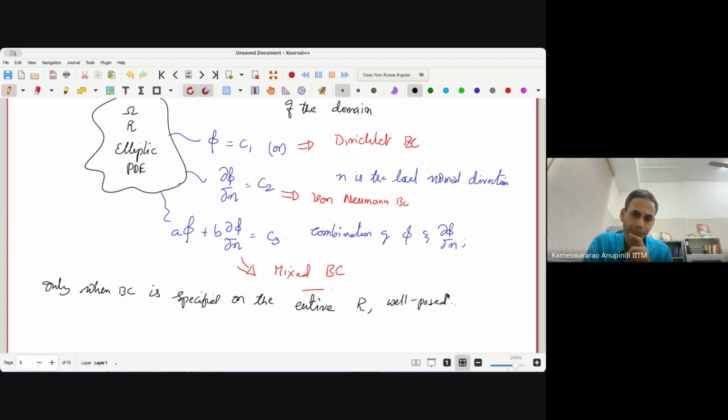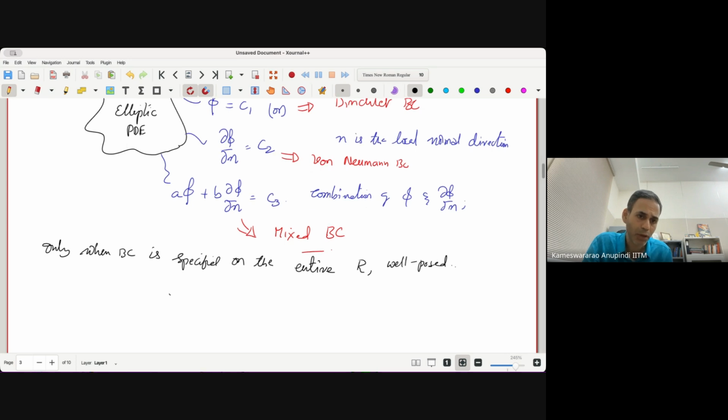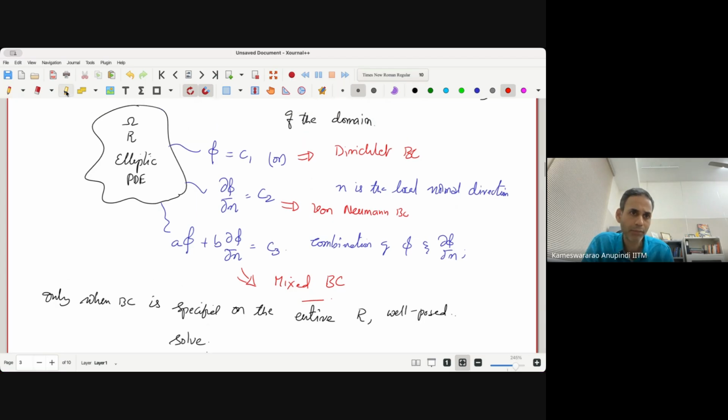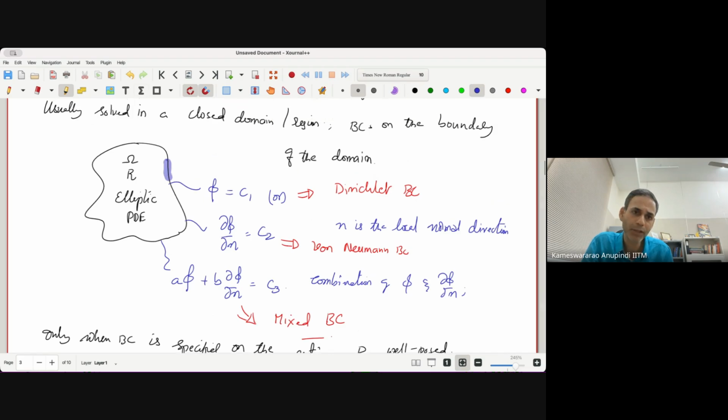Okay, only then will we be able to solve an elliptic PDE. What I mean to say is that the boundary condition need not be the same on the entire domain. For example, part of the domain could have Dirichlet, part of the domain could have Neumann, and the remaining part could have a mixed boundary condition. Okay, so this is very much possible in practical applications.